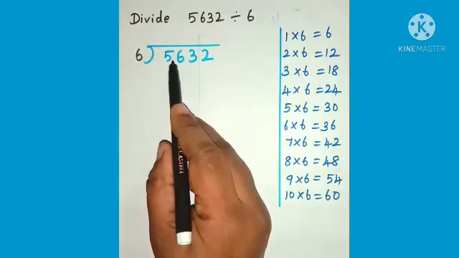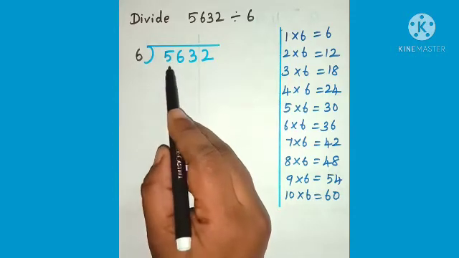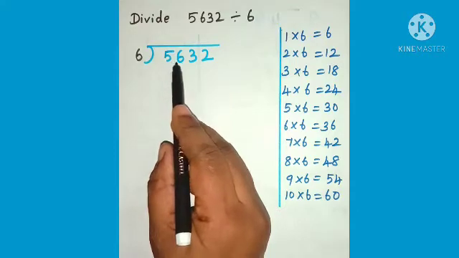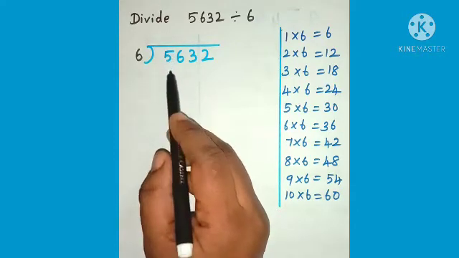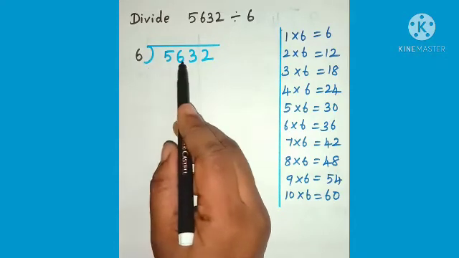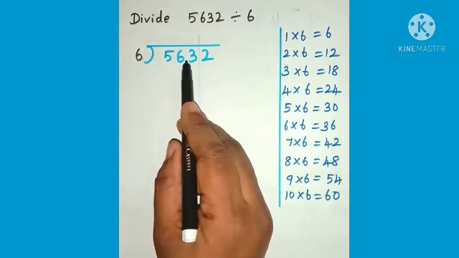As our first step, we have to take the first digit and see whether it is divisible by 6 or not. Here let us take 5. 5 is not divisible by 6. So let us take 56.